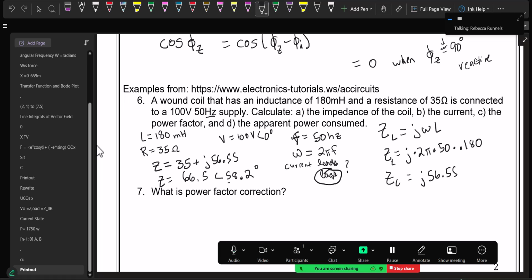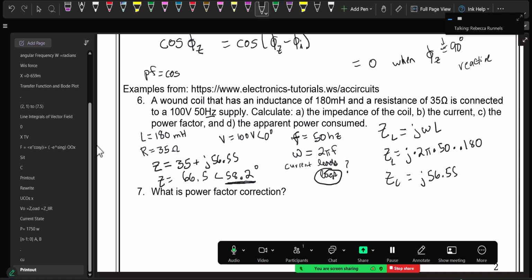So why was it a nice idea to go ahead and get this angle right here? How does that help us answer the questions that are coming up? You can calculate current, it's easier when you divide phasors. Sure, that makes sense too. I was thinking of the fact that the power factor is the cosine.